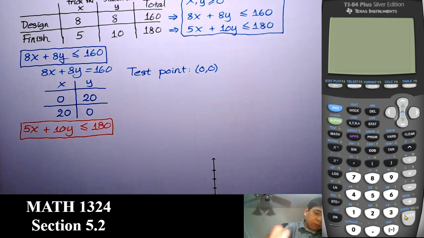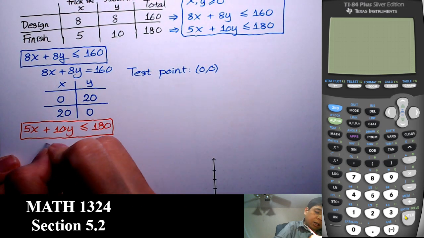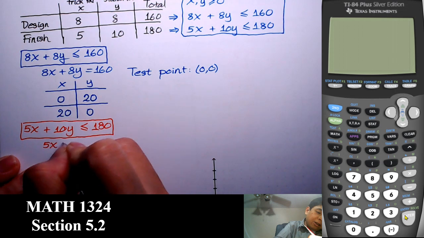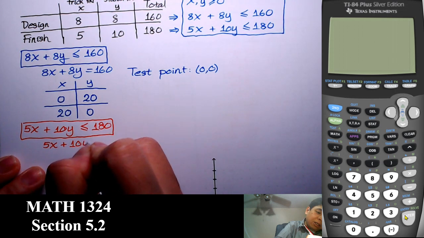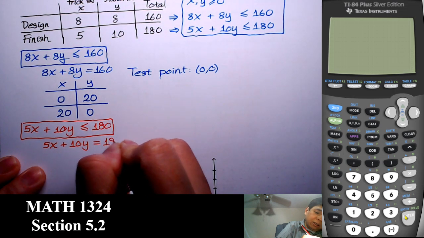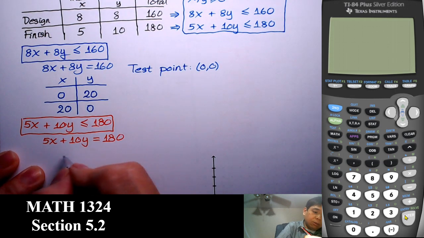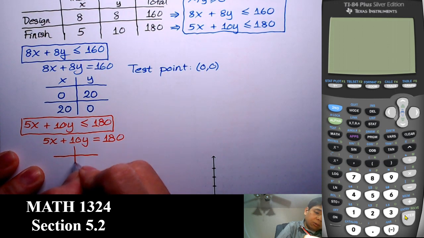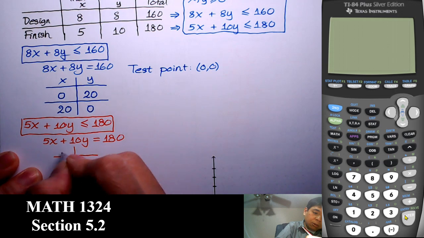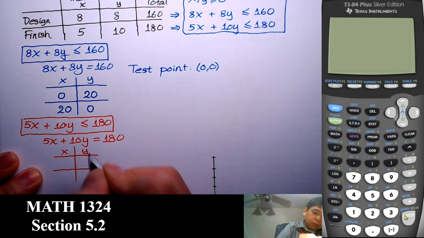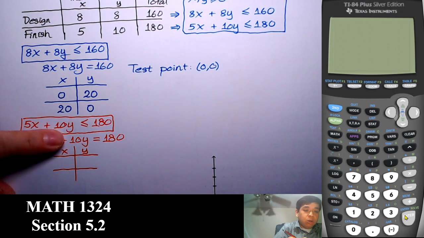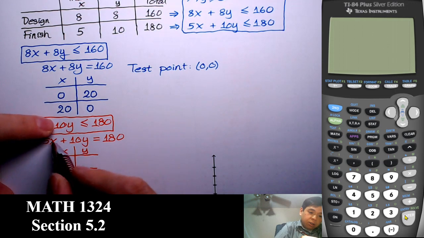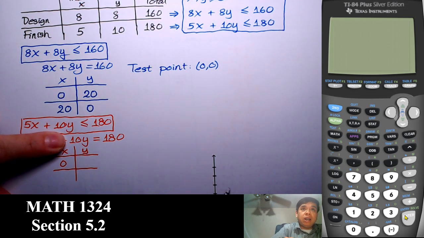So 5x plus 10y equal to 180. When x equals 0, 10y equals 180.